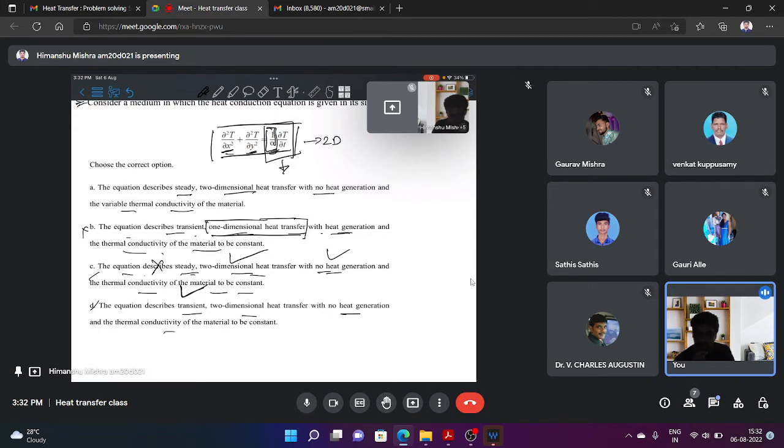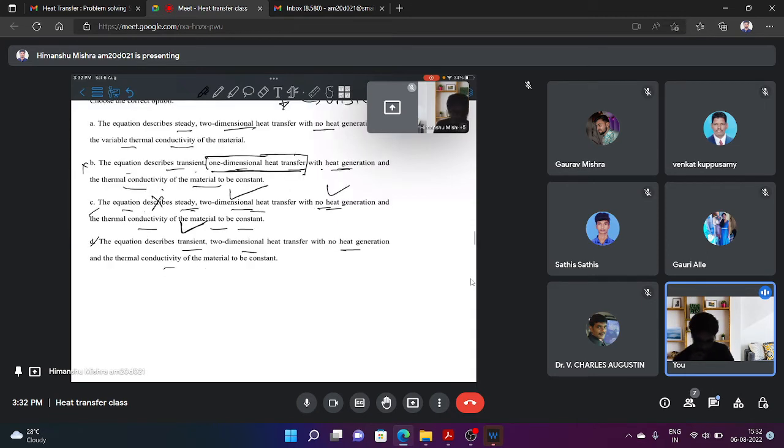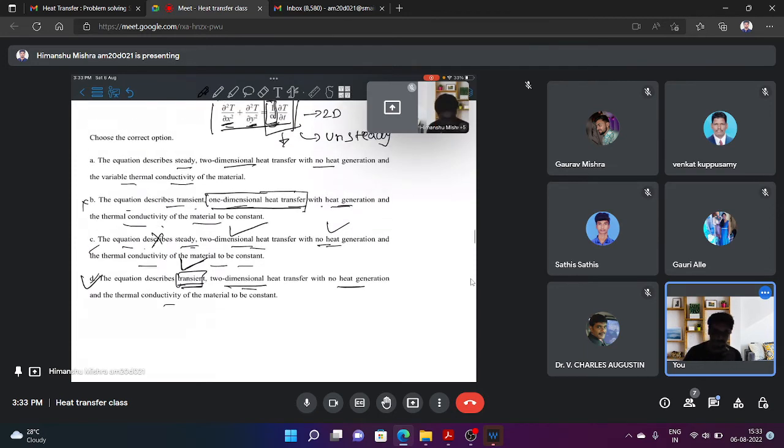So this is an unsteady heat transfer equation. So we will have option D as the correct option, which describes the transient two-dimensional heat transfer with no heat generation, and of course the properties are constant.